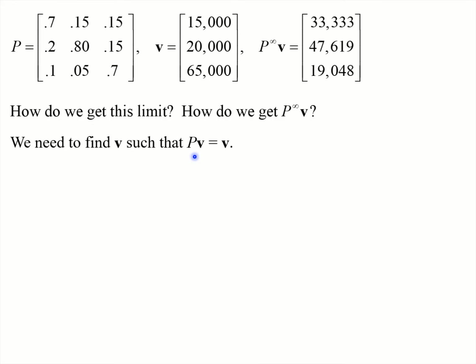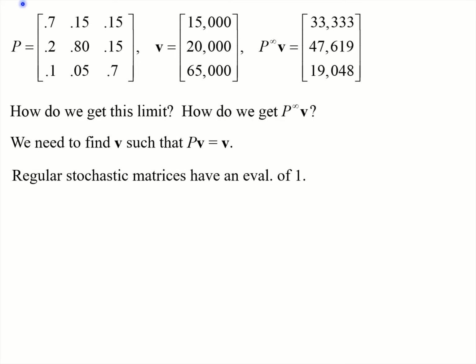We need to find a vector V. Now, the vector V we find will be this matrix. So I'm just saying, how did we get this? Well, we didn't know what it was, and we needed to find a V such that P times V equals V, because you can multiply this vector many times by P, and it's going to stay the same. Without getting too much into this, we have something called a regular stochastic matrix.